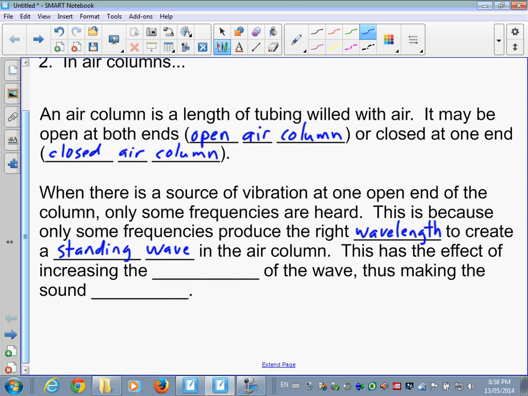And so that's how a mechanical resonance is achieved. Essentially, what we're doing is creating mechanical resonance in a string in the last lesson or in an air column in this lesson. When we have a standing wave, the effect of that is that it increases the amplitude of the wave.